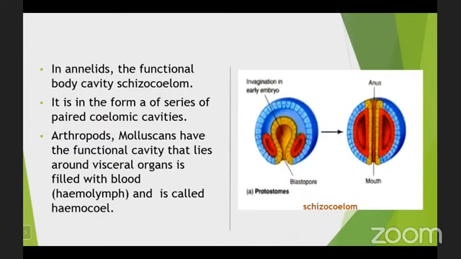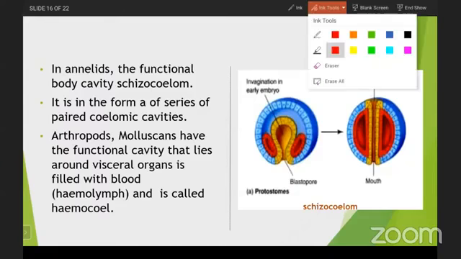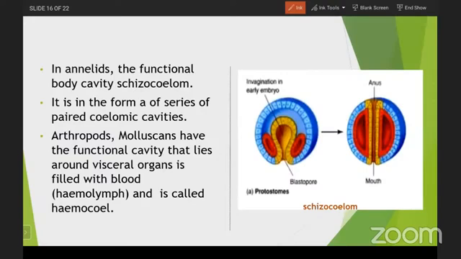Here you are able to see the red colored portion, a pouch-like cavity, a pair of cavities. And arthropods and molluscans have a functional cavity that lies around the visceral organs and is filled with blood. Hemolymph or hemocoel, one by one.